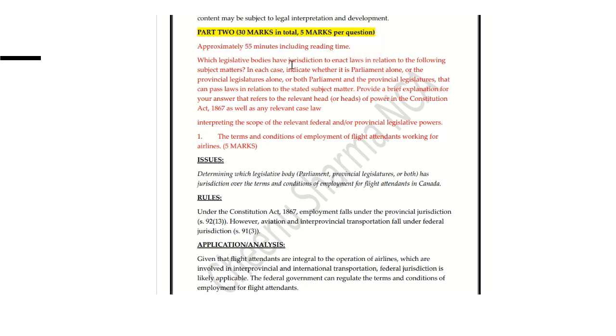In each case, indicate whether it is Parliament alone, provincial legislature alone, or both Parliament and provinces that have jurisdiction to enact law in relation to the stated subject matter. Provide a brief explanation for your answer that refers to relevant heads of power in the Constitution Act, 1867, and any relevant case law interpreting the scope of the relevant federal or provincial legislative power.